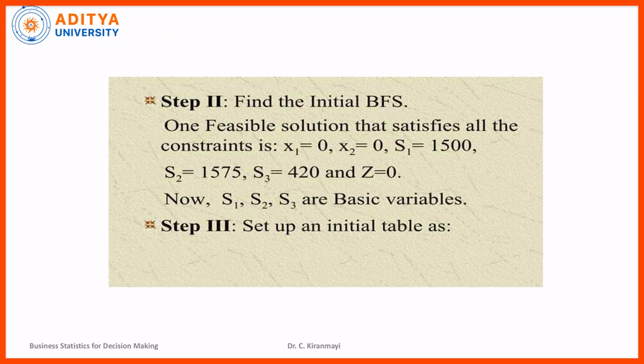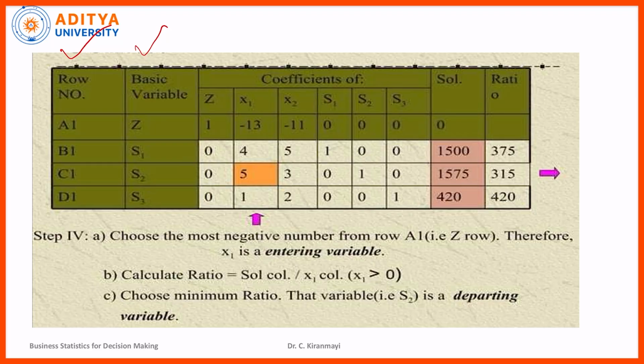Here the basic variables are s1, s2, s3, and all of them are to be shown here. Then we have to set up the coefficient matrix. I have already explained that for the simplex table, the standard form of the problem should be represented in the form of a matrix.